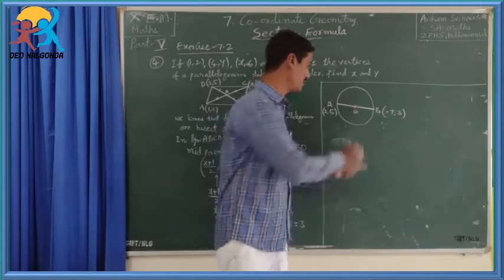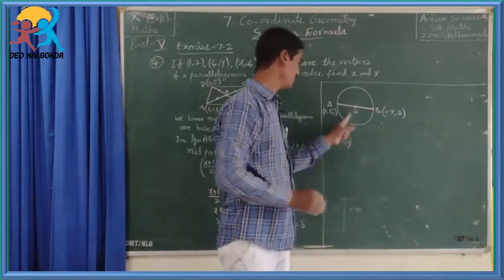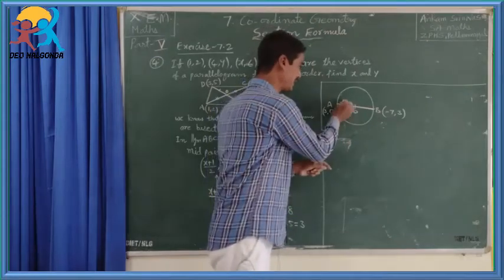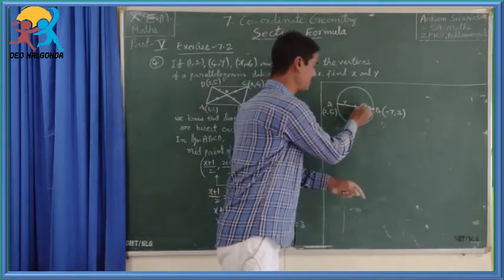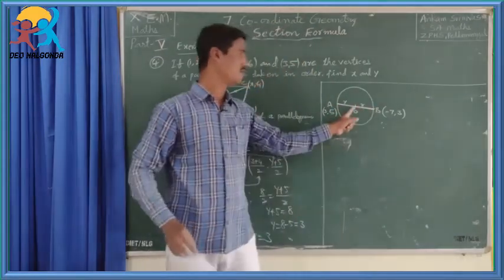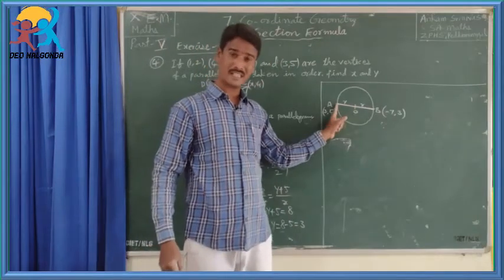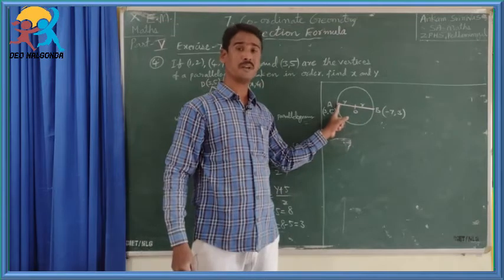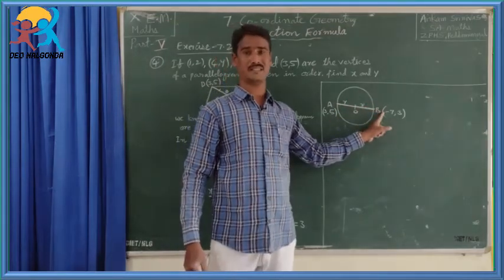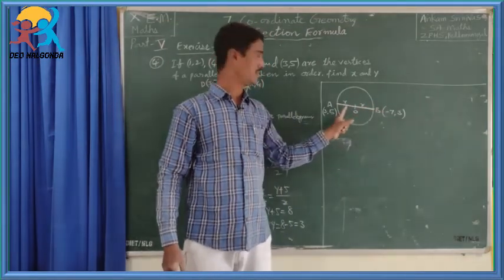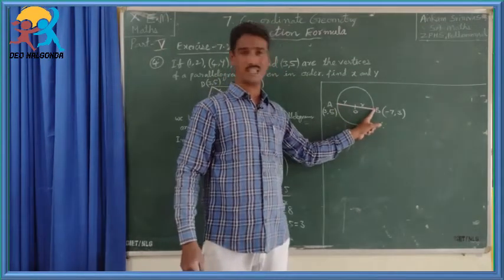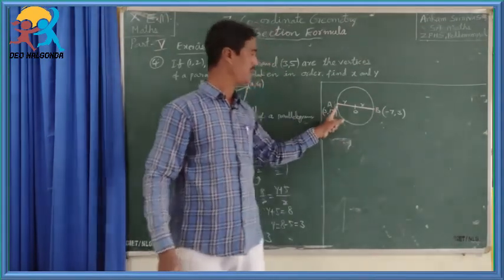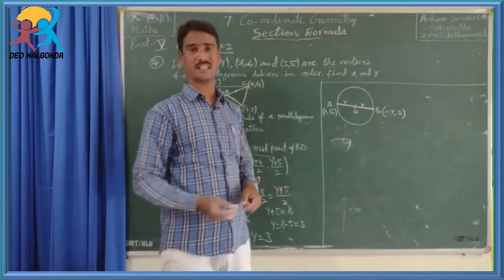So, what is O here? Center of the circle. OA is called the radius, and OB also becomes a radius. So O is the center of the circle, and this center of the circle becomes the midpoint of AB. The midpoint of the diameter becomes the center of the circle.